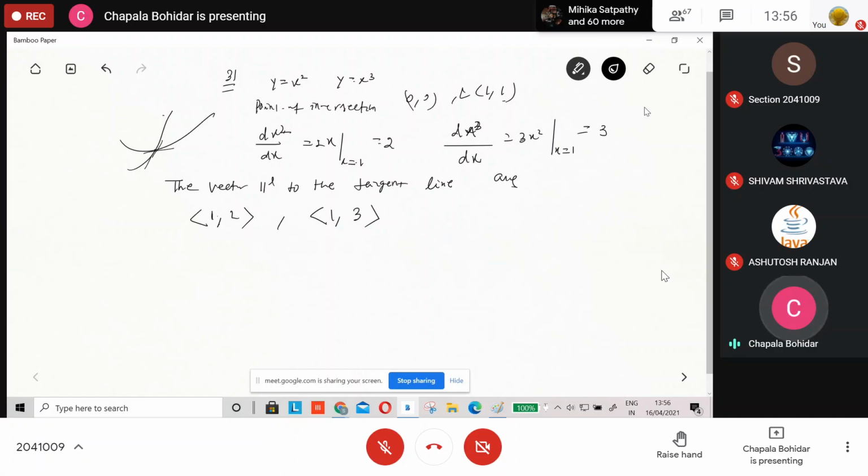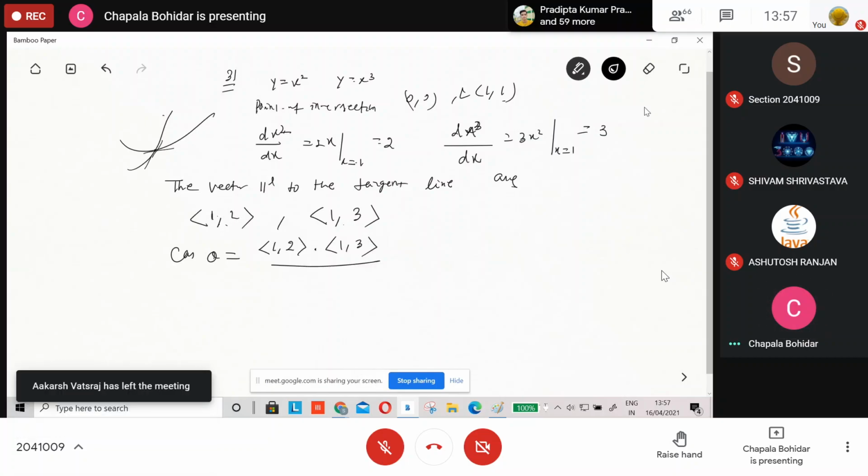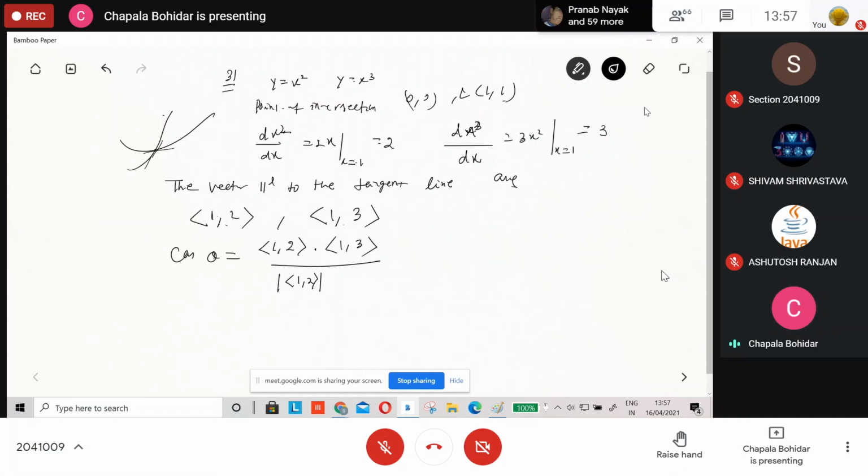Then the question is asking about the angle theta. Cos theta is equal to the dot product of 1, 2 and 1, 3 divided by the absolute value of 1, 2 times the absolute value of 1, 3.